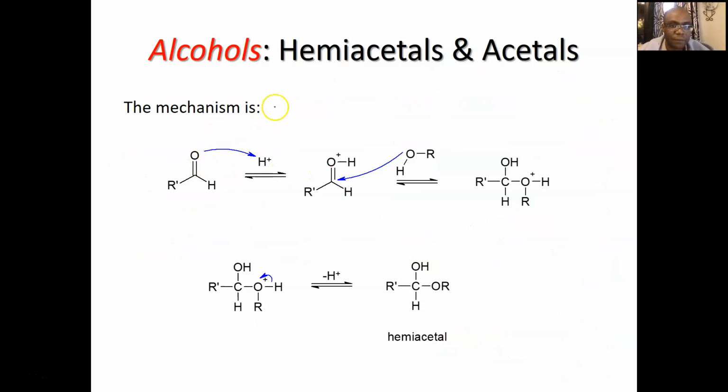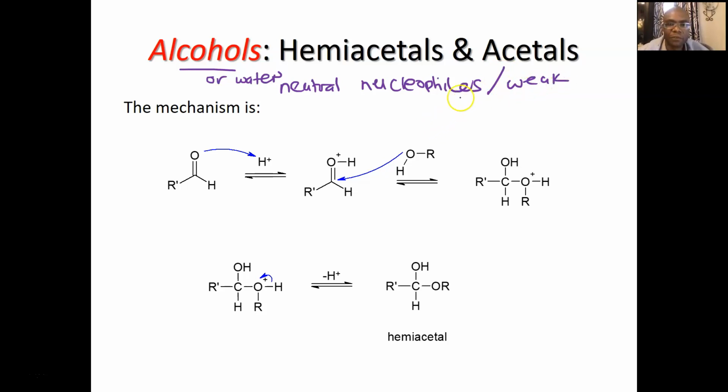Like I said, whenever you are using alcohols or water, those are neutral nucleophiles. We did this in an earlier chapter, I think chapter 6. We said neutral nucleophiles are weak.